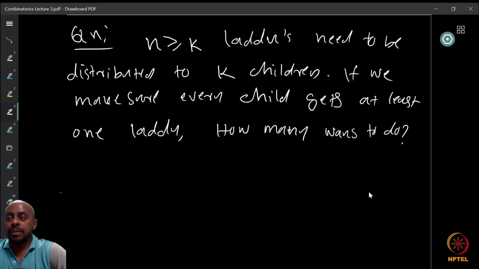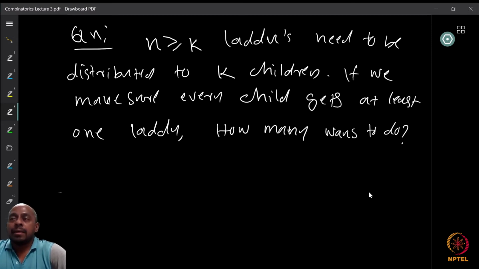Suppose we are given n, which is greater than or equal to k, let's say laddoos. So n laddoos, identical, the same kind of laddoos, maybe Tirupati laddoos, one of the most famous and tastiest laddoos.